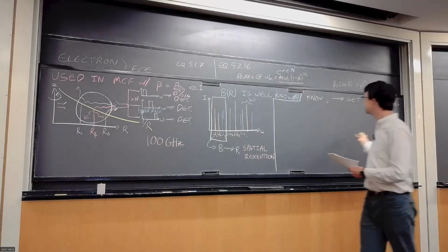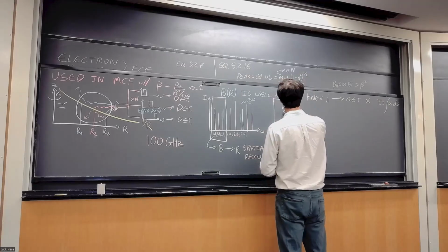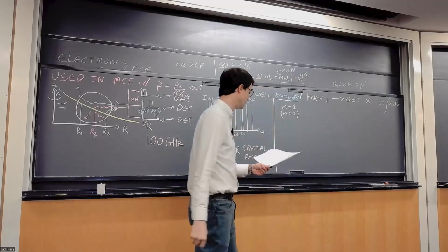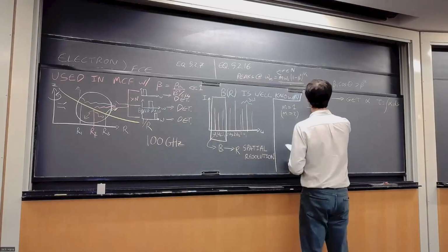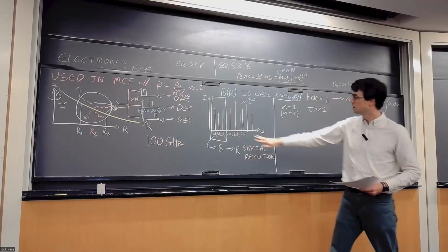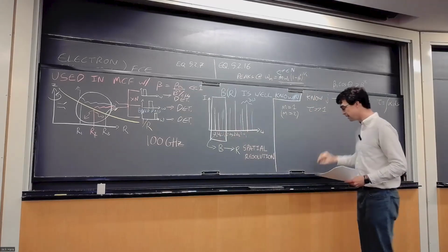And what you will find if you do that is that for the lowest harmonics, n equals 1, n equals 2, often, but not always, that tau is much greater than 1. So for these lower frequency harmonics, you are optically thick.